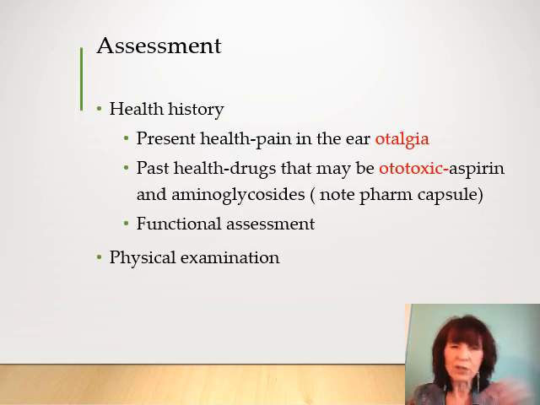It's the orange. Some drugs, including aspirin, are ototoxic. Signs and symptoms of ototoxicity are tinnitus, ringing in the ears, hearing loss, dizziness, and ataxia, that inability to feel your way in space, right? You just have an unstable gait.